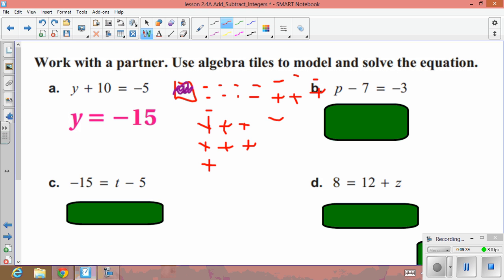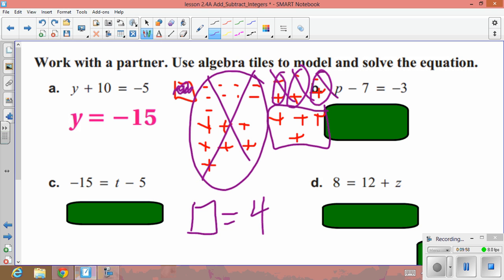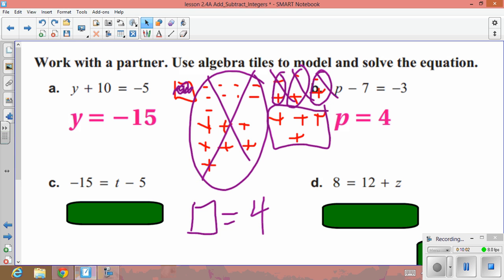Now we want to get rid of zero pairs on each side if possible. All these cancel, leaving you with the variable equals, subtracting 3, and it leaves me with 4 positives. So for part B, my solution is 4.